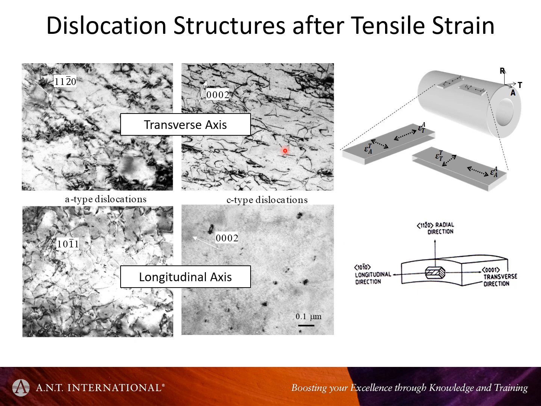Typically it's C+A type dislocations. But if you deform perpendicular to the C-axis, within the basal plane, you get a different type of dislocation produced, and these are caused by slip on the prism planes, as opposed to slip on what's called the pyramidal planes, and I'll talk a bit about that in a minute.